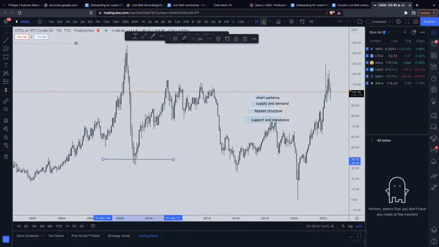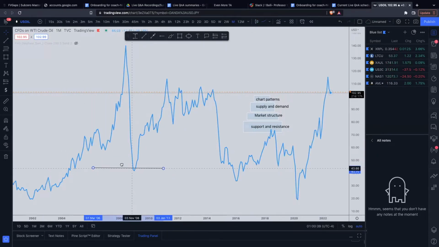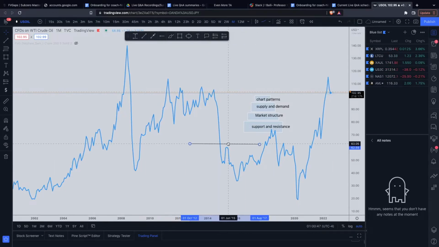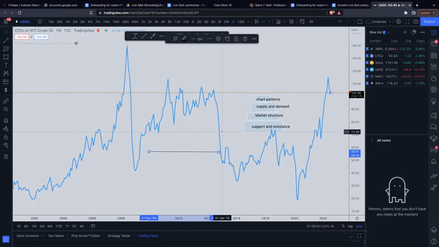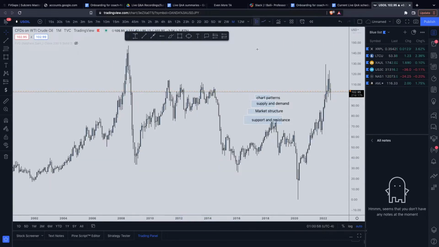If we look at a line chart, it'll be a little easier. Floor, floor, floor, floor, floor. And we have ceiling, ceiling, ceiling, ceiling, ceiling, ceiling. All right? So that's pretty much support and resistance. I know you guys probably know it, but just to review.